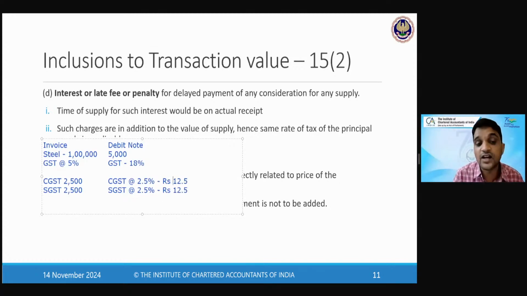So you will not charge at the general rate. That is how Sai Kiran was also correctly referring. This is a composite supply. What is the rate on the principal supply? That will apply to the debit note also. So you have to charge at 2.5%. Very important. Don't charge at 18%.